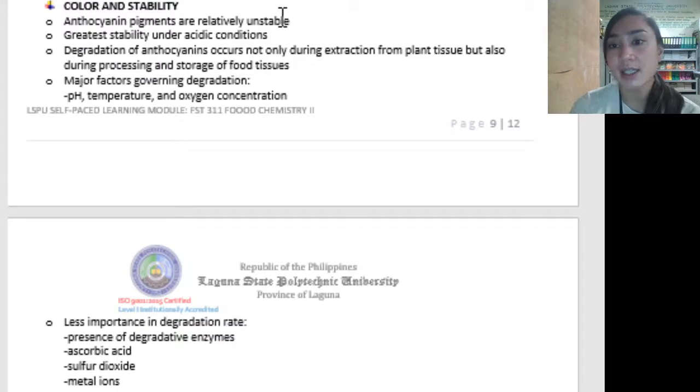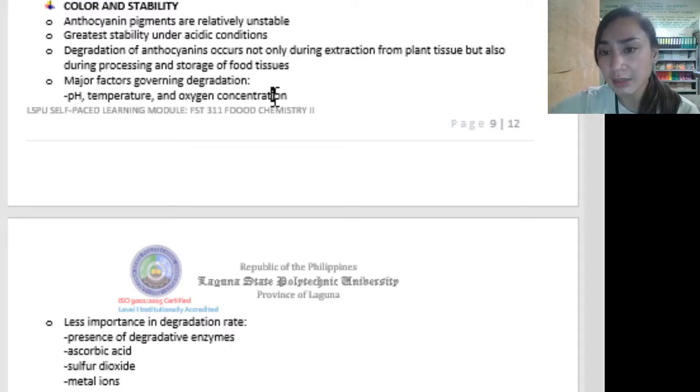So, greatest stability naman ng anthocyanins natin are under the acidic conditions, which is yung pH ng acids natin are from 0 to 6.9, no? Yan. Okay, so yung degradation niya occurs not only during extraction from plant tissue, but also during processing and storage of food tissues. Just like carotenoids and other pigments, nagche-change based sa processing.